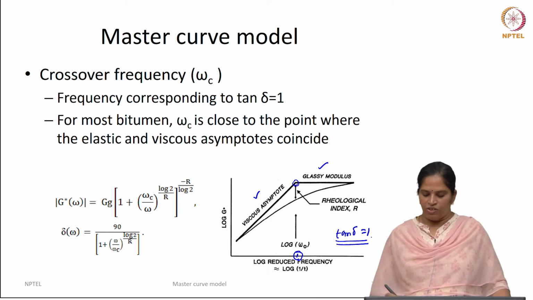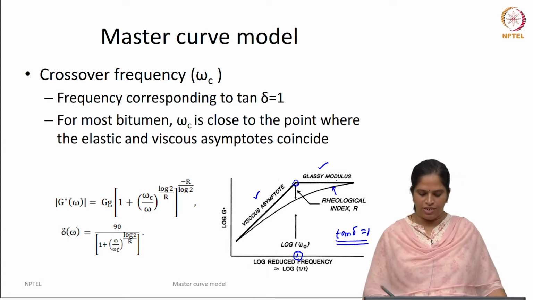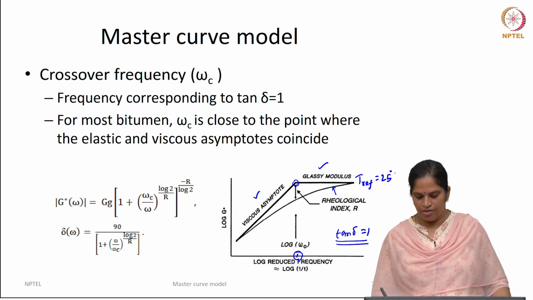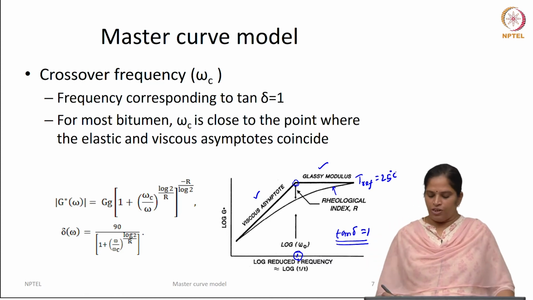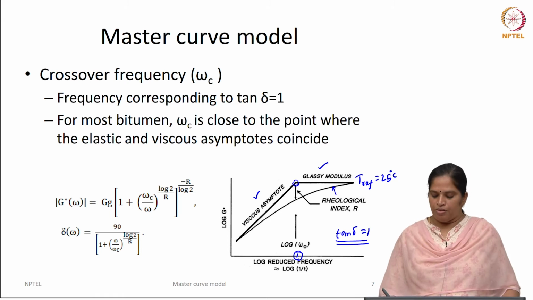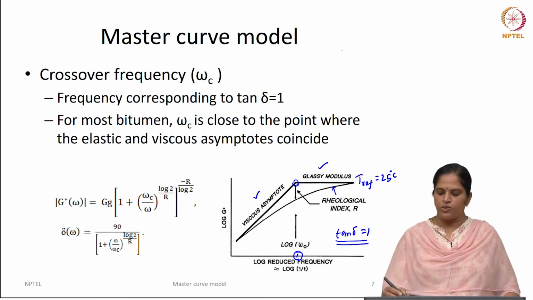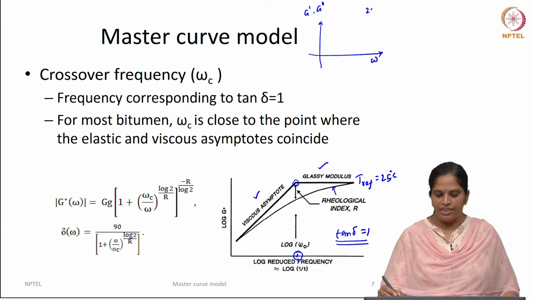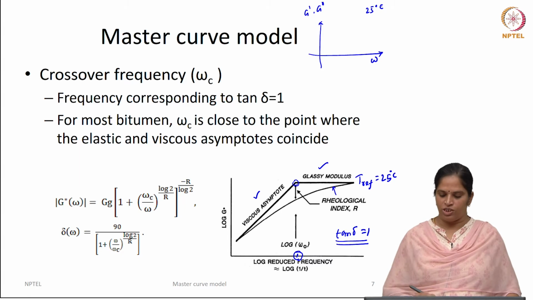At any temperature, say for instance you are constructing this master curve at a reference temperature of 25 degrees Celsius, what you can do is measure the storage modulus and loss modulus, G prime and G double prime, in a laboratory at different frequencies at a temperature of 25 degrees Celsius.